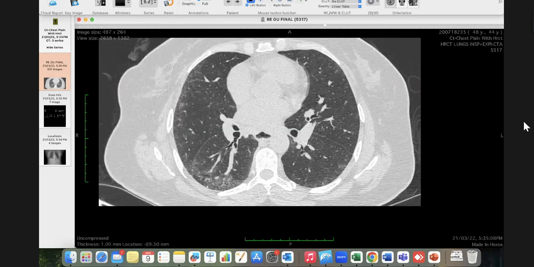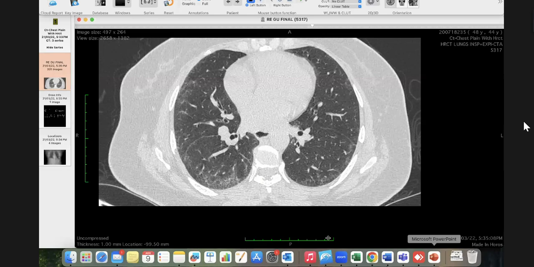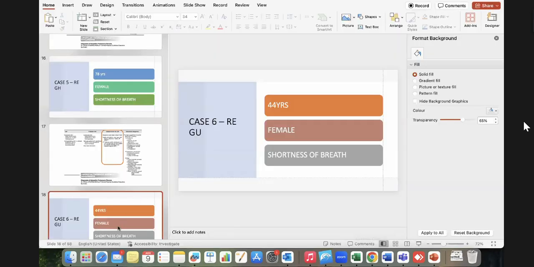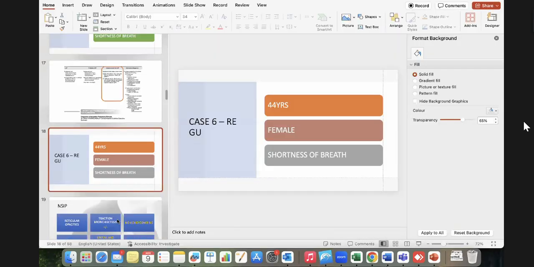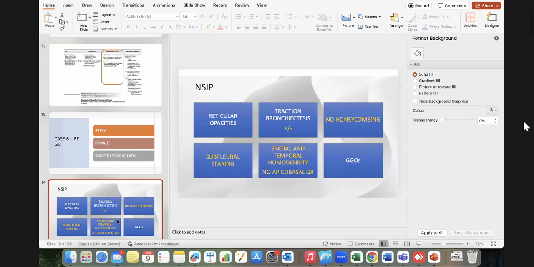But again, as I said, it is specific. Don't make it a waste paper basket. Care should be taken before labeling a case as NSIP. So you have reticular opacities and traction bronchiectasis; you may or may not have it, but in this case we did.